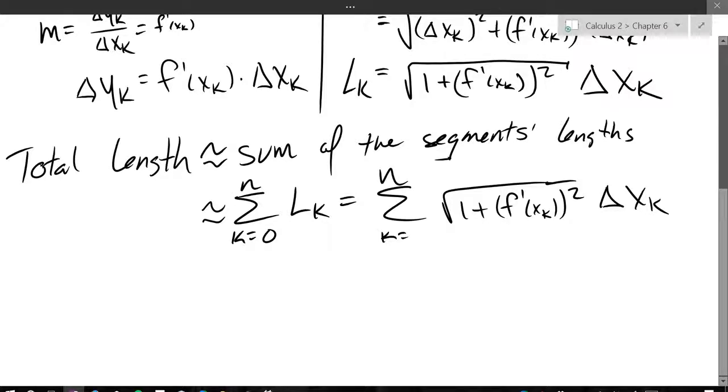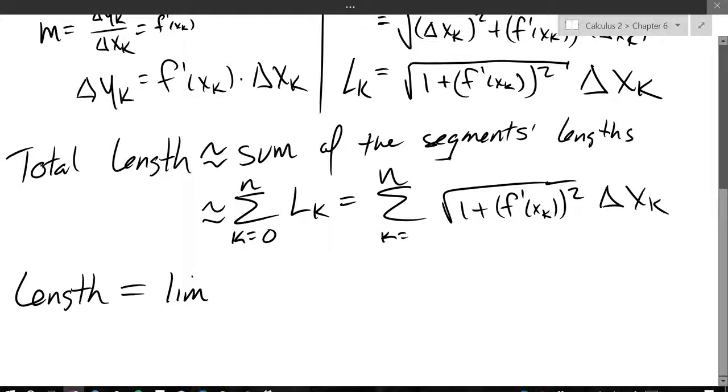How do we make this equal? We get more and more accurate the bigger and bigger n is. So all I have to do is break it into infinitely small pieces. Calculus is easy to do: take a limit. So the actual length is equal to the limit, and which variable do I send to infinity?